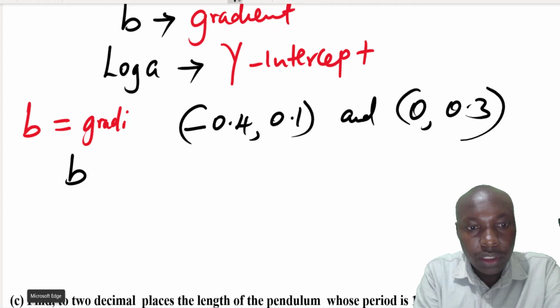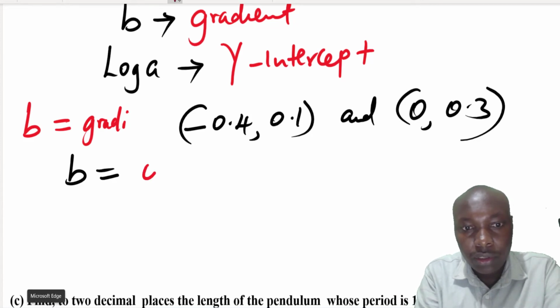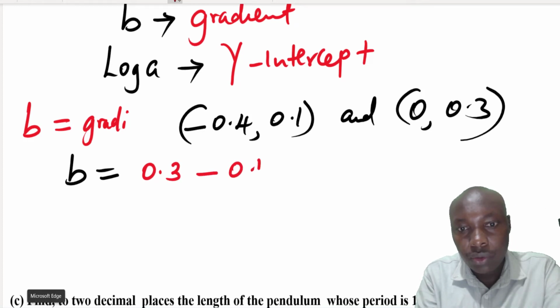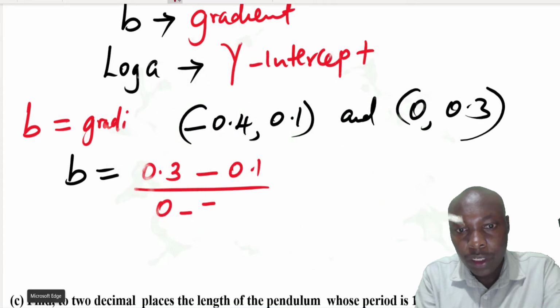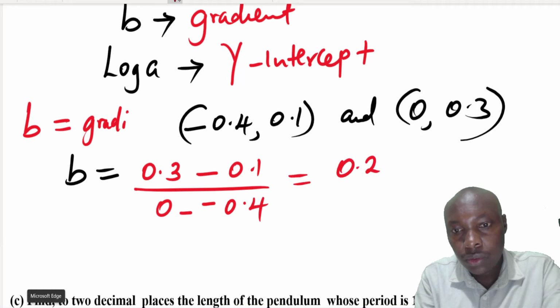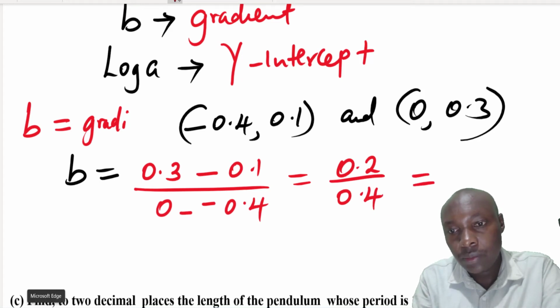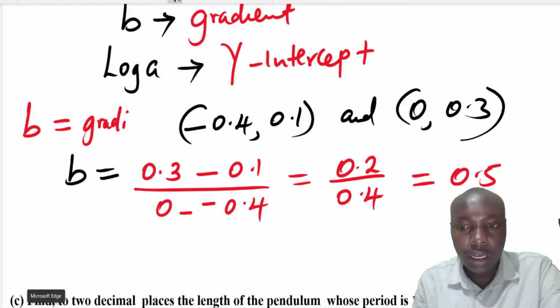So B, which is the gradient, will therefore be given by the change in y, which is 0.3 minus 0.1, divided by the change in x, 0 subtract negative 0.4. So this will give 0.2 over 0.4, and this will give 0.5, which is a half.